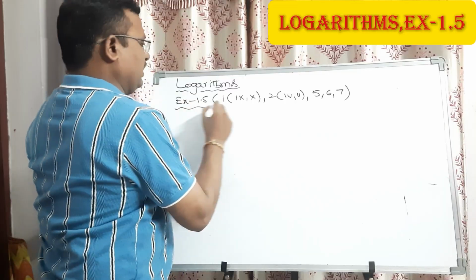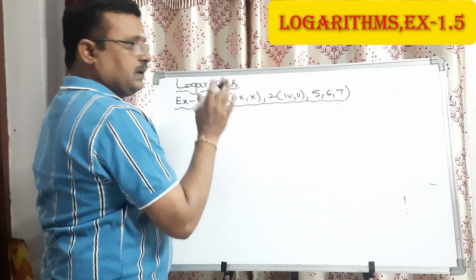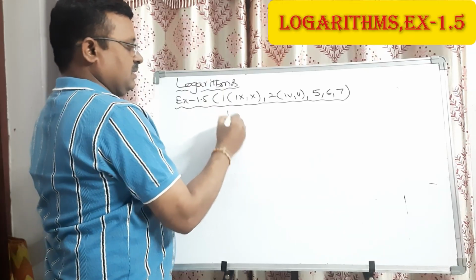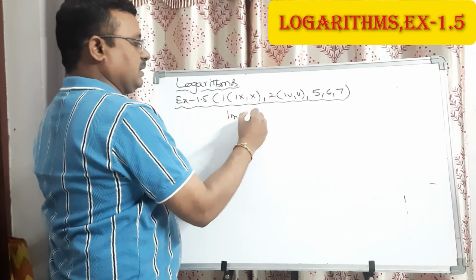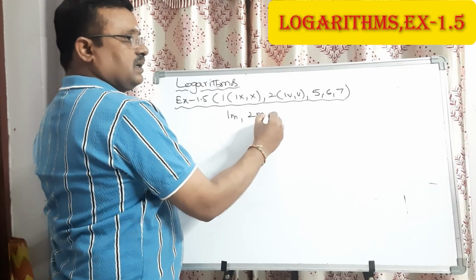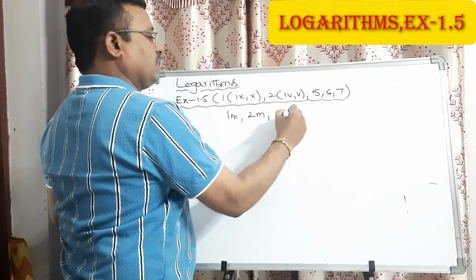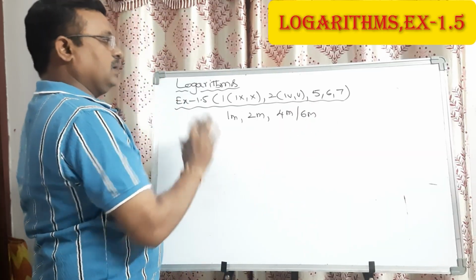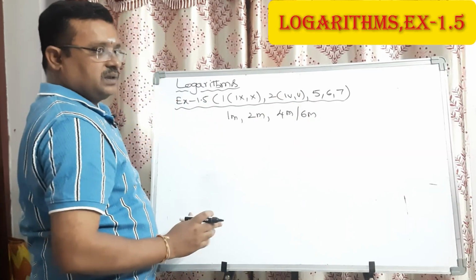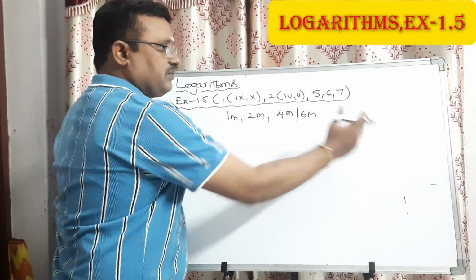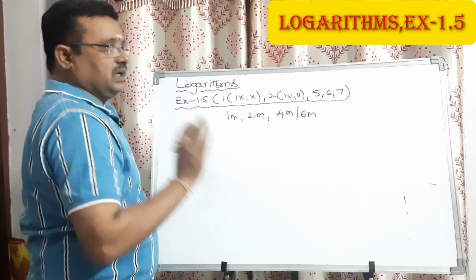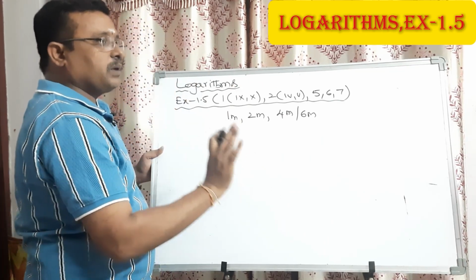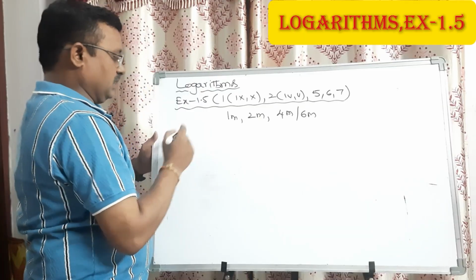These are very important from the public examination point of view, either for 1 mark in bits, or for 2 marks in part A, or for 4 marks or 6 marks. Okay. To solve these problems, after knowing the definition of logarithms, we have to learn some of the laws or properties of logarithms.